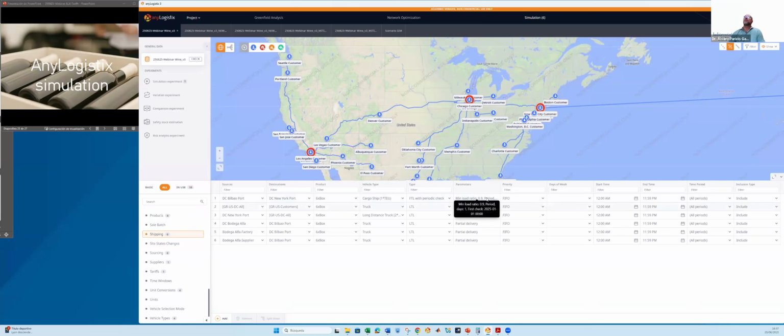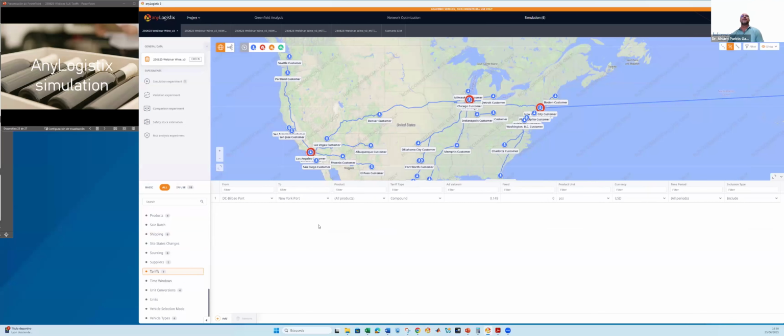We consider that full load has a default value of 90%. So whenever a container is 90% full, it is shipped to the destination. And the last thing is the tariffs.